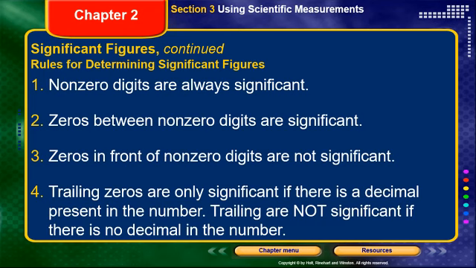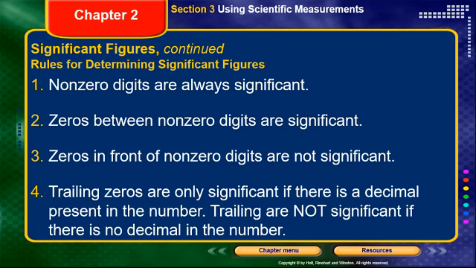That is true when we're making measurements. However, if you're not making a measurement and you are simply given a number, which will happen in this class, I'll just give you numbers to work with, you have to use these 4 rules for figuring out how many significant figures you have. First rule: non-zero digits are always significant.